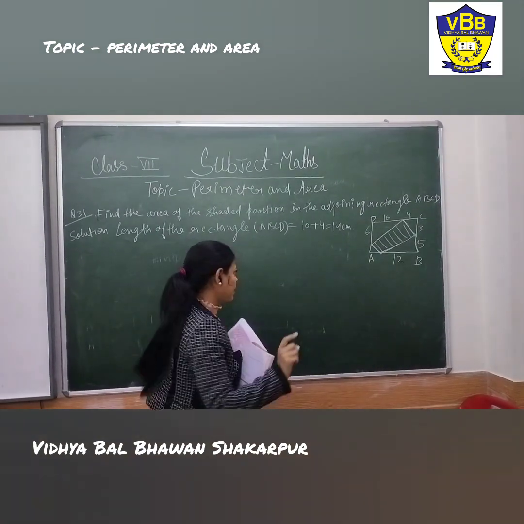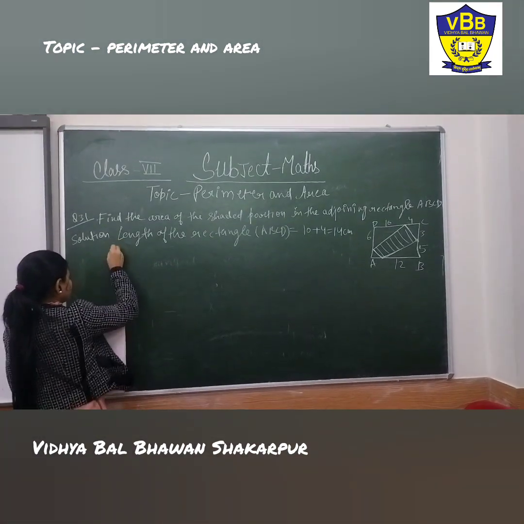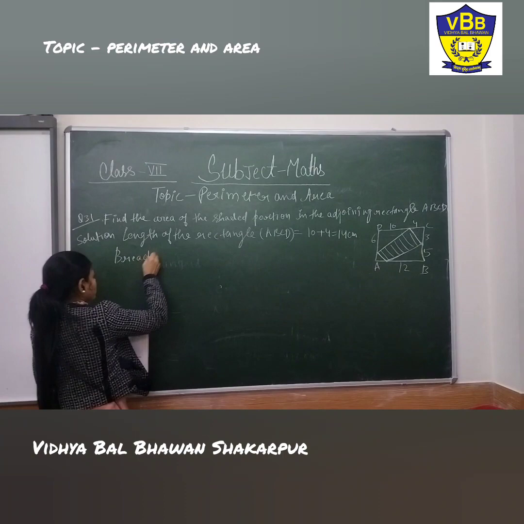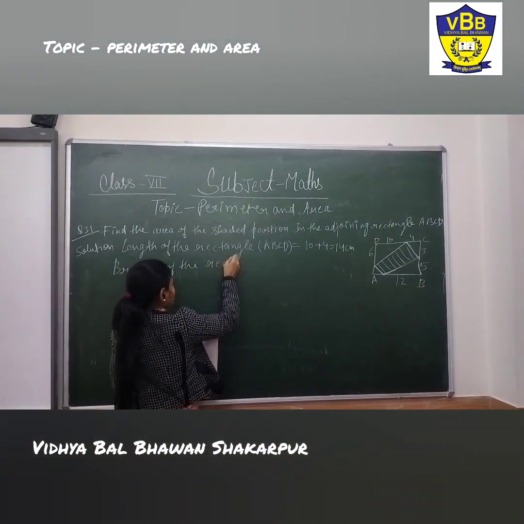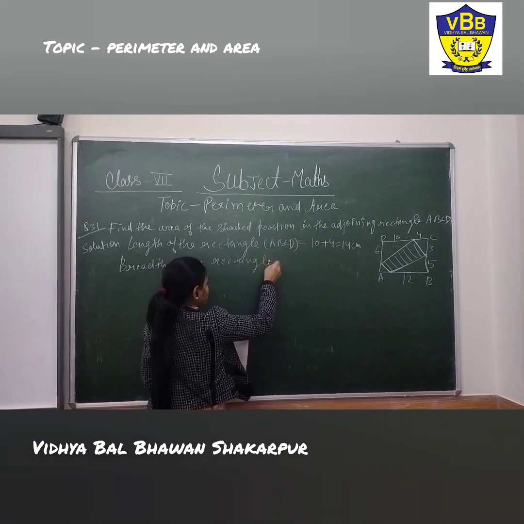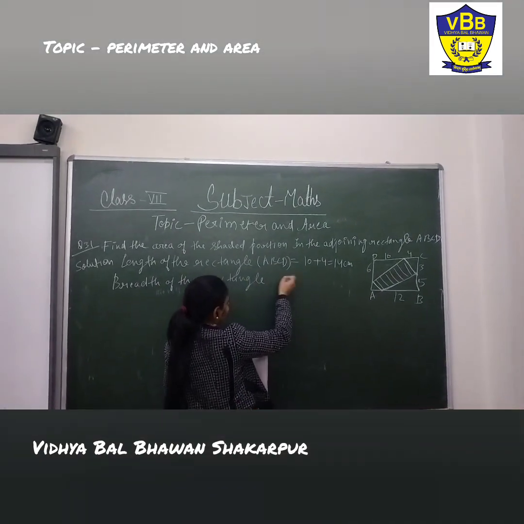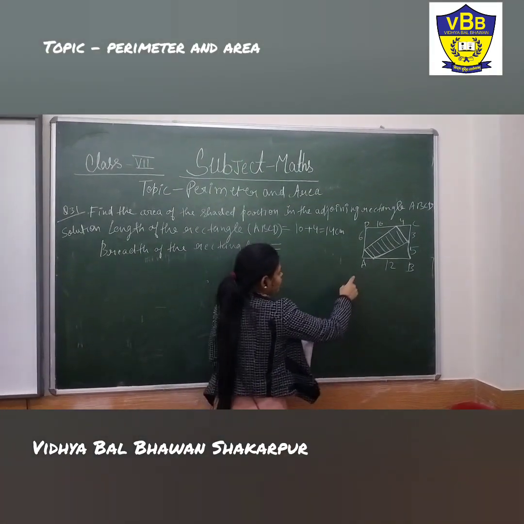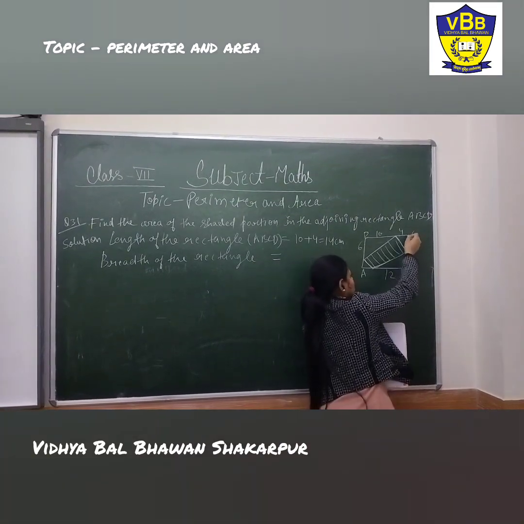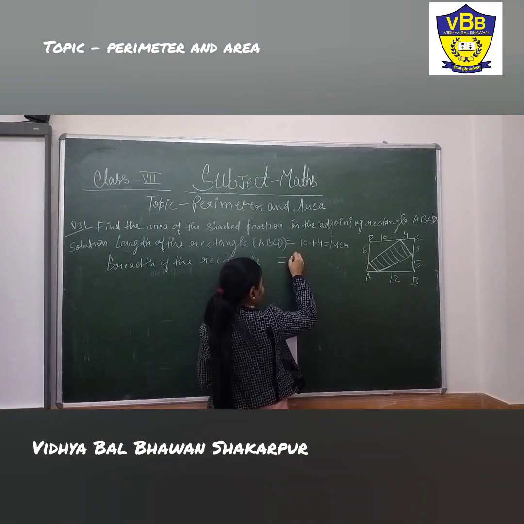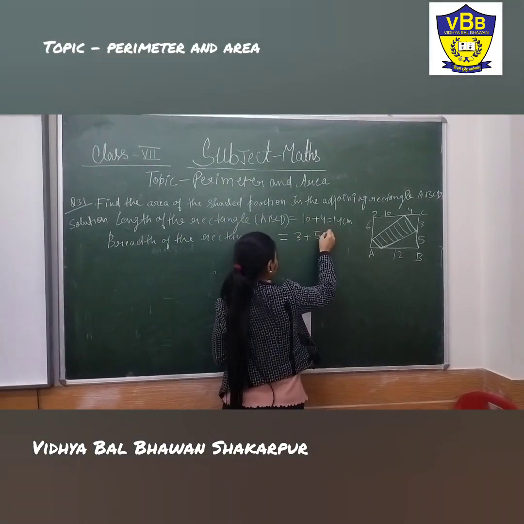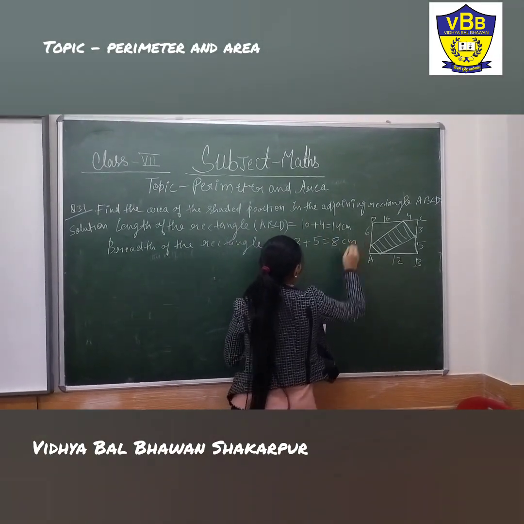Similarly, the breadth of the rectangle, as you can see, this one is the breadth. This value 3 plus 5 gives the breadth of the rectangle, that is equal to 8 centimeter.